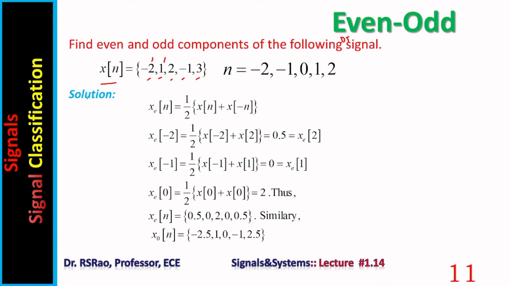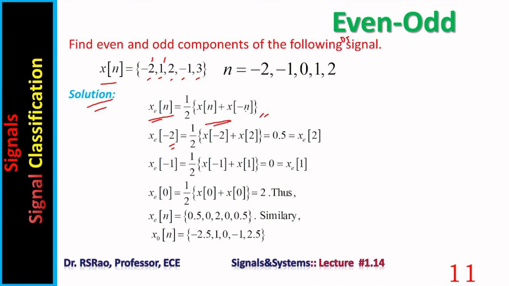Now, the solution. The even part of the signal is half x of n plus x of minus n. Now we calculate the even part using this relation. Consider xe of minus 2. In this relation, n equals minus 2. From the sequence, x of minus 2 is minus 2.